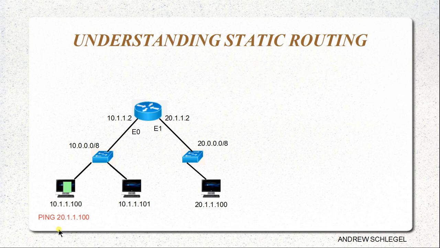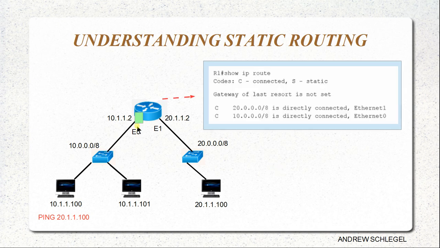So now what happens, realize we pinged it, hit the interface and came back. So now what happens if I want to ping 20.1.1.100? That's this PC here. Well, what's the first thing the PC does? It says, I'm on the 10 network, you want to ping the 20 network. Is that the same? No. So I don't know what to do with it, so I'm sending it to my default gateway. So up it goes.